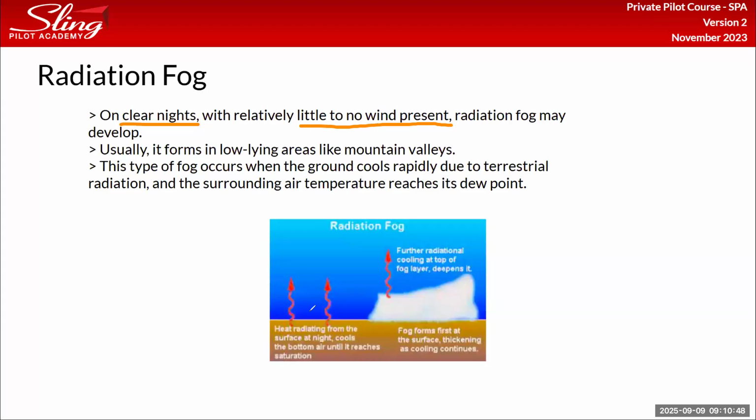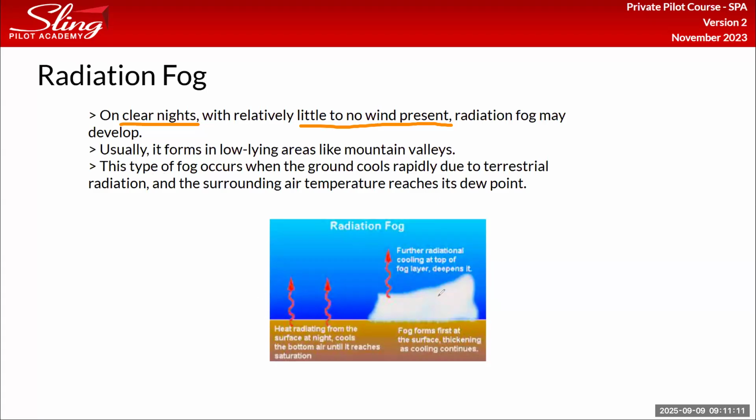So what's happening in this picture is the ground is cooling rapidly due to terrestrial radiation. So the ground's cooling fast and reaching its dew point closer to the ground. And then when the surrounding air temperature reaches its dew point, it's creating fog from that radiation off the ground.